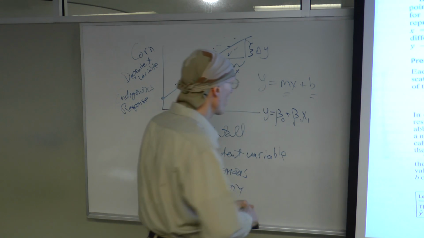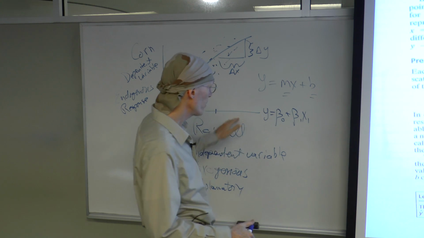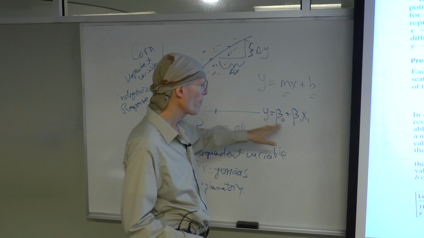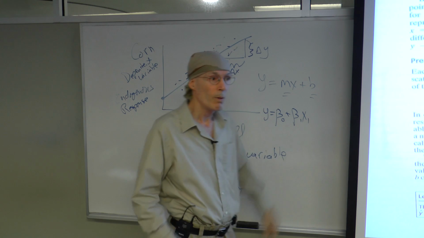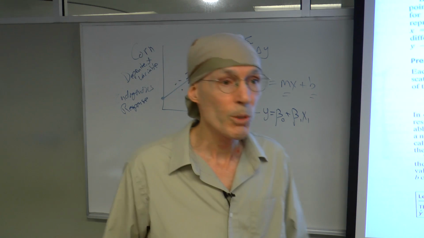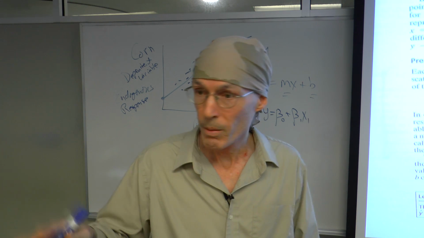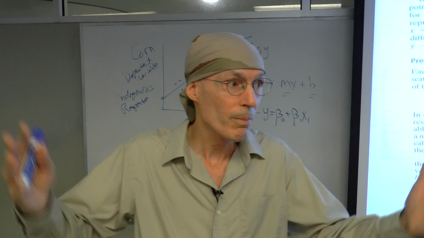Here we have x1, which is, in this case, rainfall, causing corn output. So x1 is rainfall. Well, what's the big deal? We could have an x2, and we're going to cover that in a little while. x2 could be fertilizer, yet another reason for corn to grow.